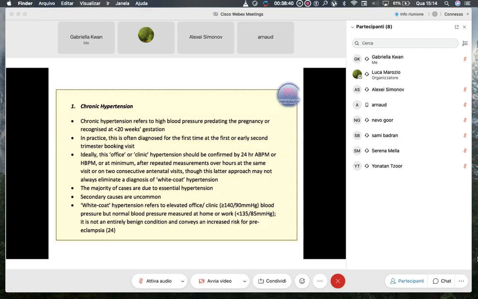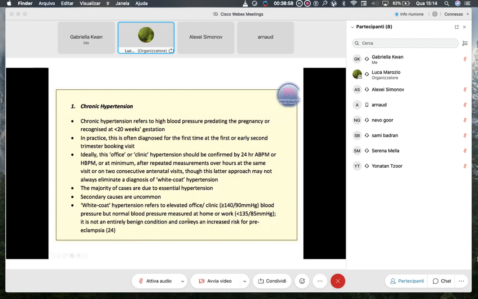Is it clear? So the cutoff values when blood pressure is measured at home by the woman herself are lower than cutoff values we use in the hospital setting.